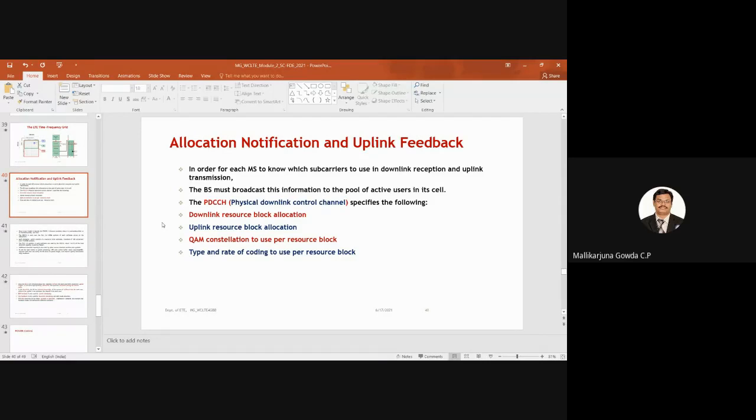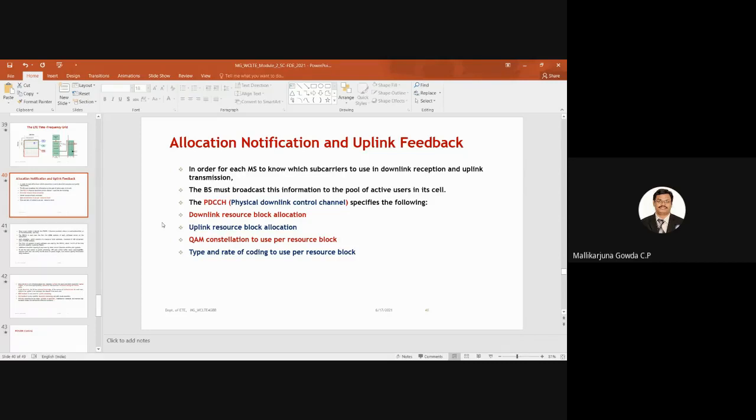I said how the mobile station will know what subcarriers it should use for its downlink reception as well as uplink transmission. The base station, which in LTE we call the E node B, will be broadcasting that information to the user equipments over the physical downlink control channel, that is PDCCH.